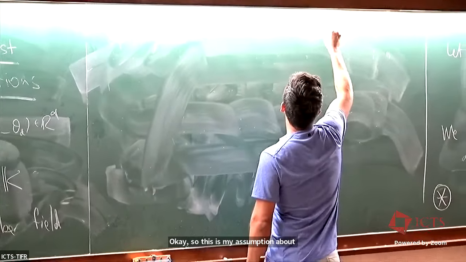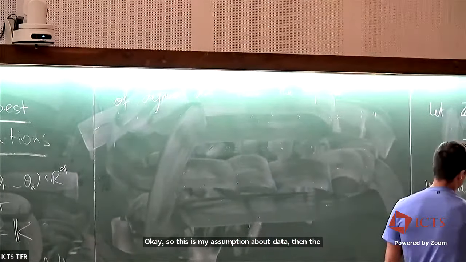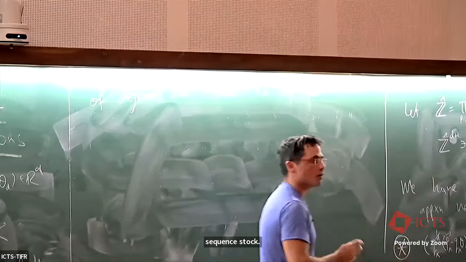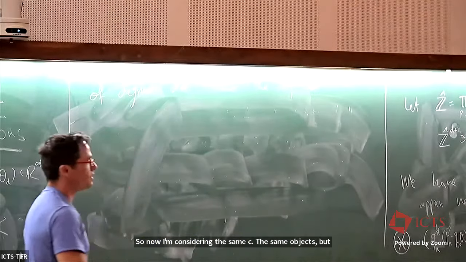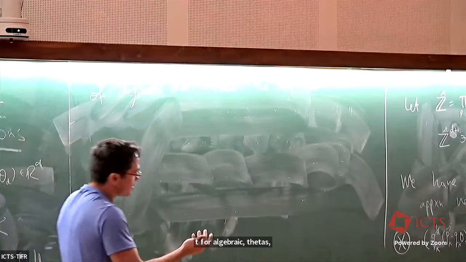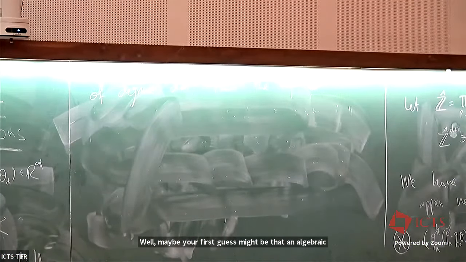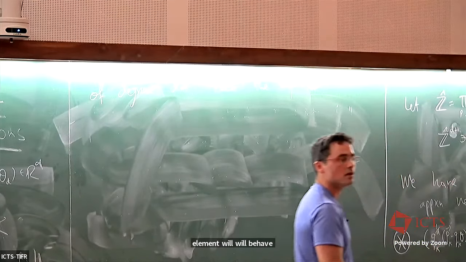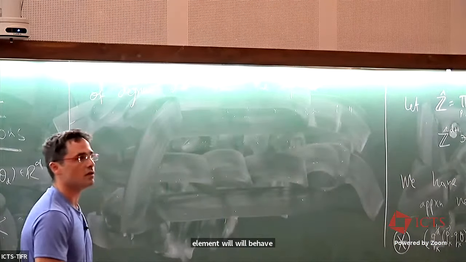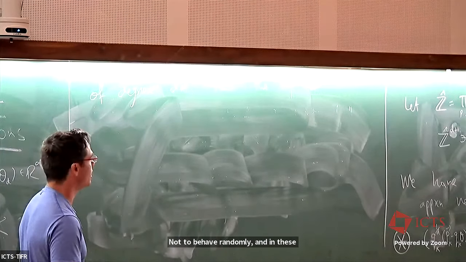the sequence star. So now I'm considering the same objects, but for algebraic thetas. And well, maybe your first guess might be that an algebraic element will behave randomly, unless it has a very good reason not to behave randomly. And in this case, it has a very good reason not to behave randomly.